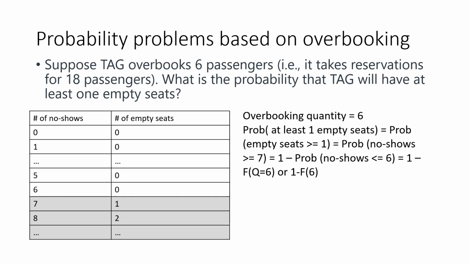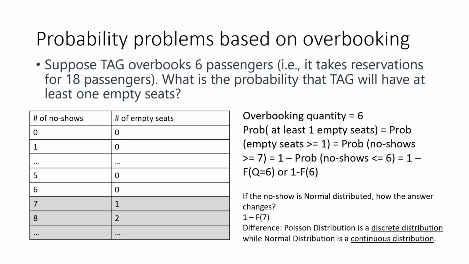So it's the same as 1 minus the probability that no-shows is less than or equal to 6. Then it's 1 minus F6. That's still the same step to find the probability using Poisson. In the Poisson distribution table, you find Q equal to 6 and find the probability.